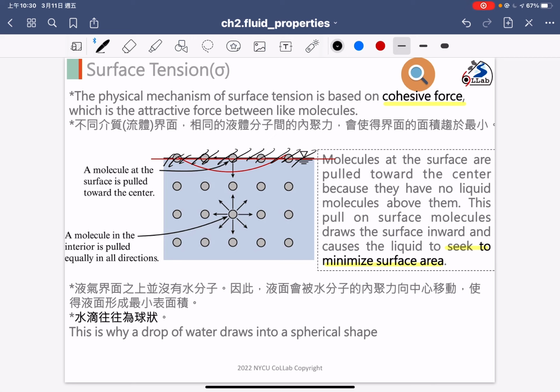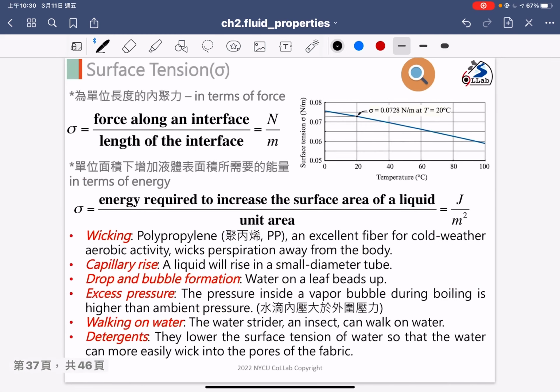I just highlight some important physical phenomena corresponding to the surface tension.